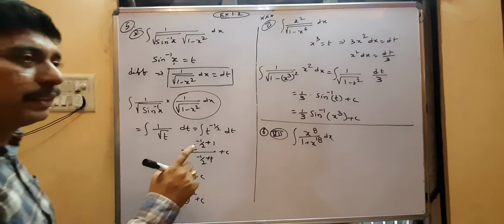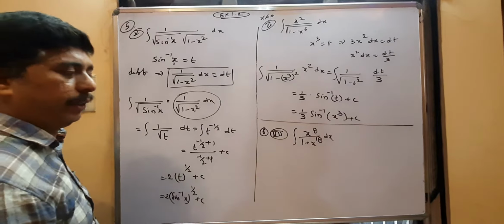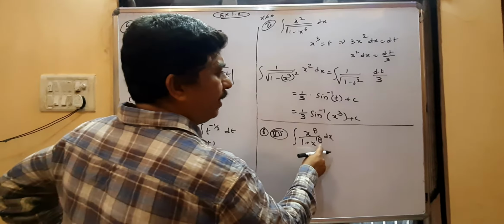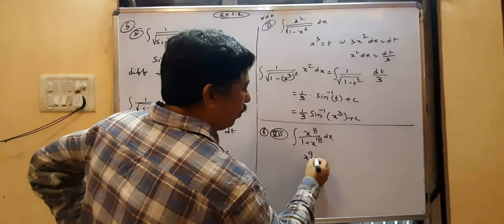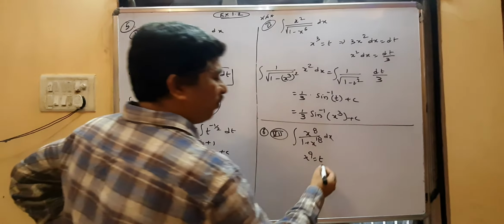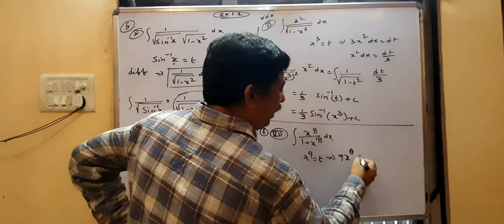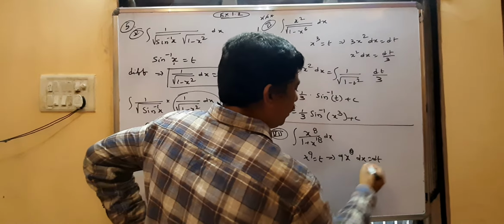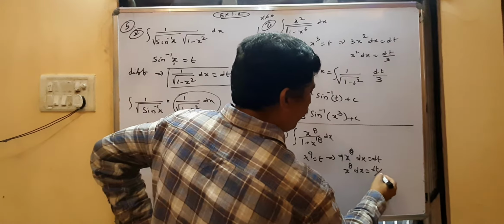X power 8 means the derivative of x power 9 is in terms of x power 8. So x power 18, half of the value is 9. Take x power 9 equal to t. You have to differentiate it: 9 into x power 9 minus 1 means 8, dx equal to dt. So x power 8 dx equal to dt by 9.